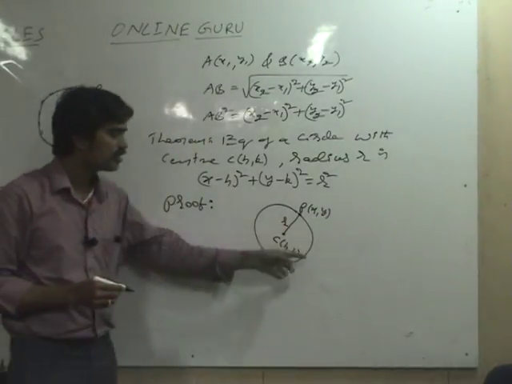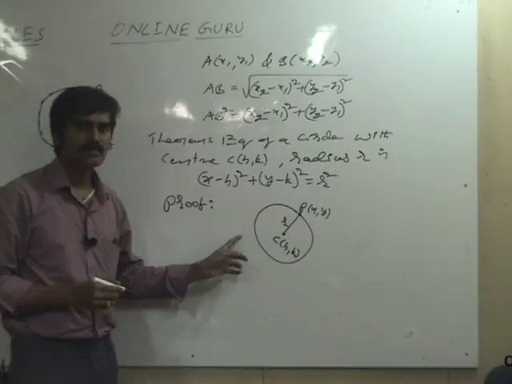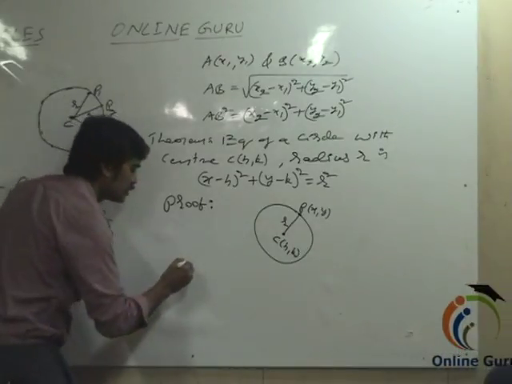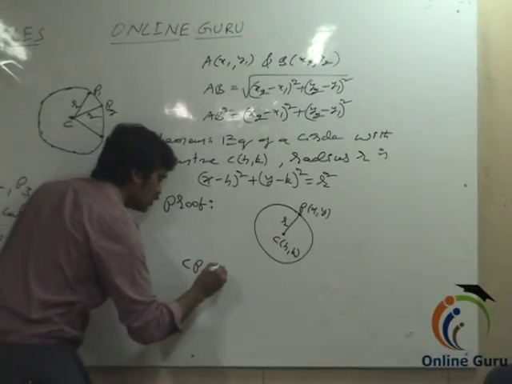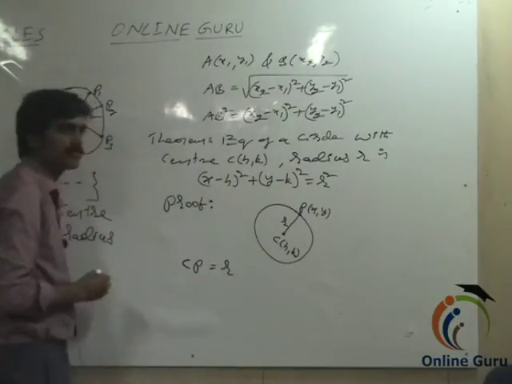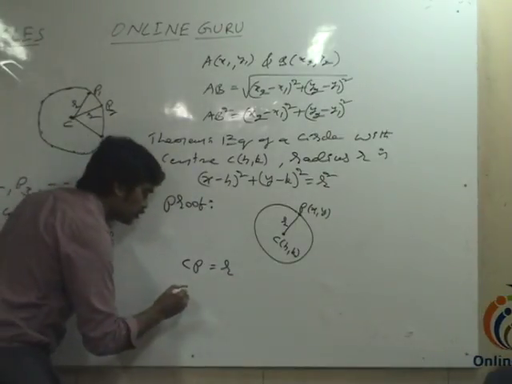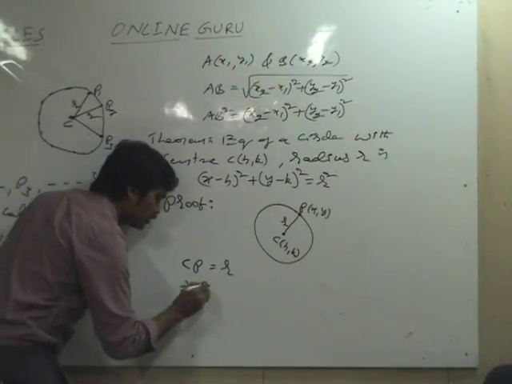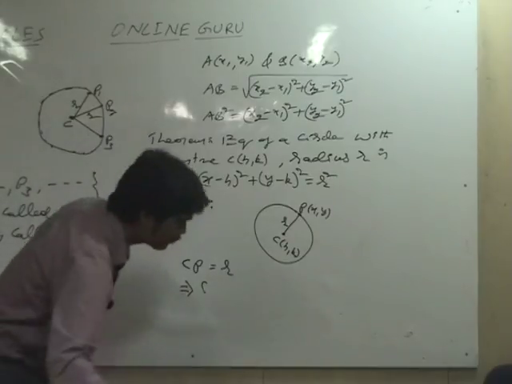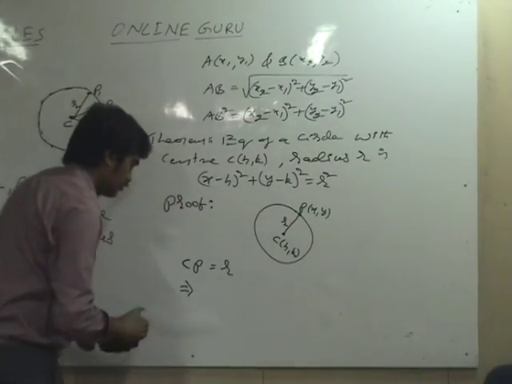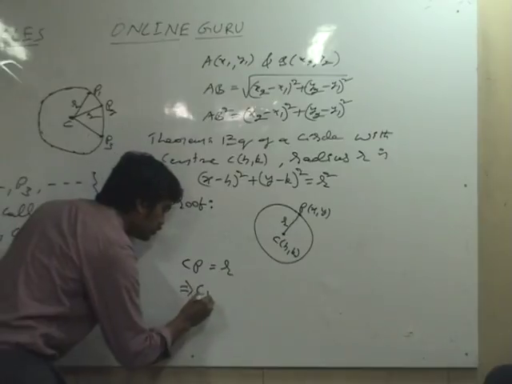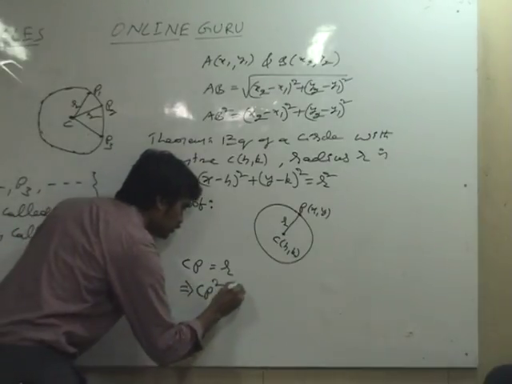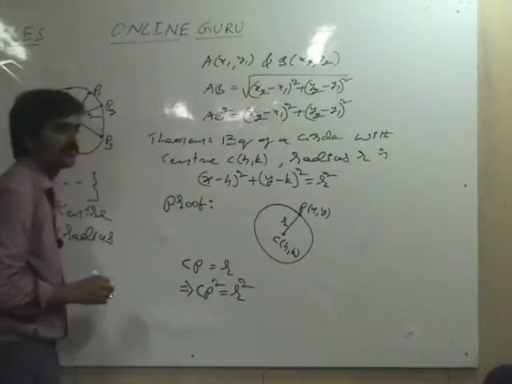If you observe this diagram, then you get CP equal to r. By squaring on both sides, CP square equal to r square.